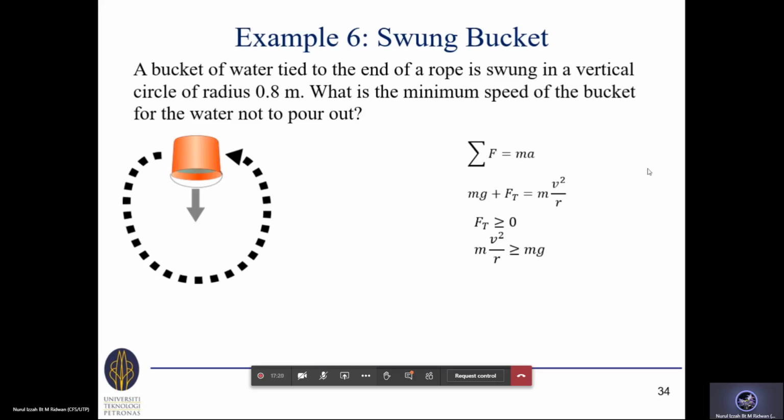So for the vertical motion here, what you need to do first, your first step is always, because you are dealing with forces as well. When you are dealing with forces and acceleration, your first step is find out what is your free body diagram. Second, find out where is the direction of centripetal acceleration.